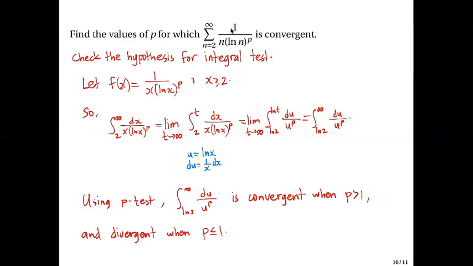Therefore, this series is convergent when p is greater than 1 and divergent when p is less than or equal to 1. So it is consistent with the previous example, where we had p equals 1 and saw it was divergent.